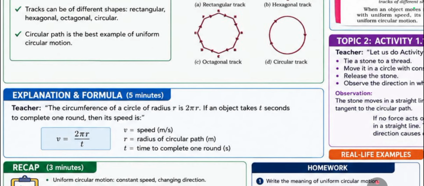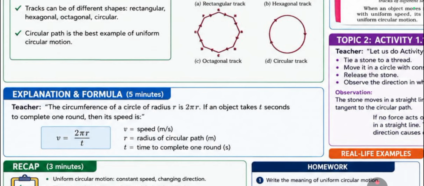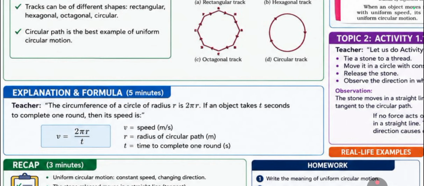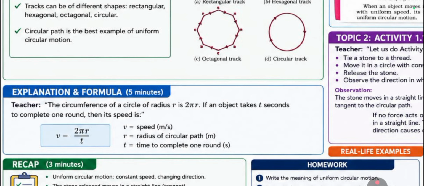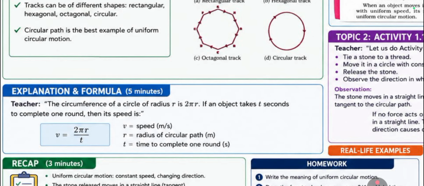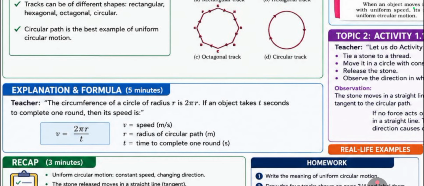Here we take the distance as 2 pi r, and t is the time to complete one round, taken in seconds. So velocity is equal to distance by time. Here distance is 2 pi r and time is t. So now the speed of the circular motion object is 2 pi r by t.